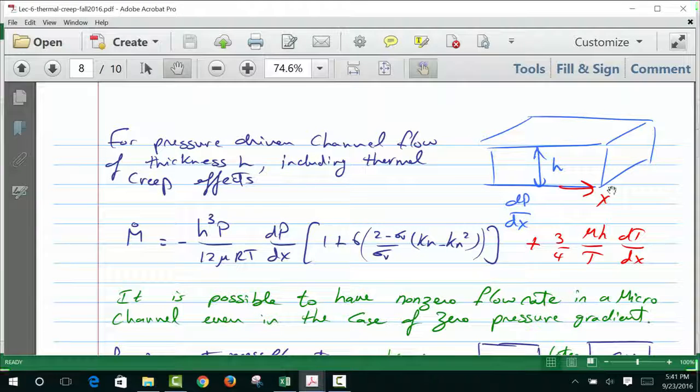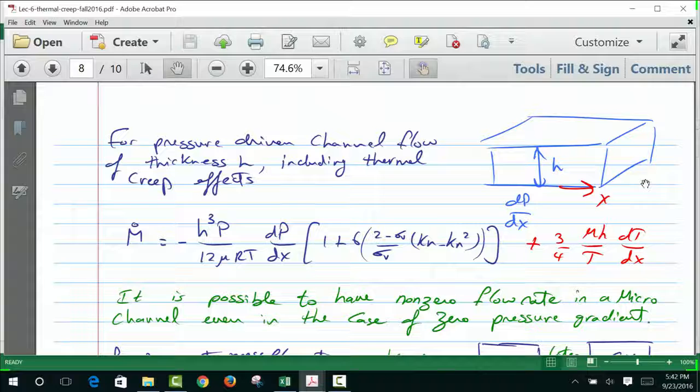That as we are moving in the x direction, if dp by dx is minus 5, minus 5 Pascal per meter for example, the pressure drops in the x direction. The more x you go, the lower the pressure. Yes, it makes sense. If the flow is going to go in the x direction, dp by dx better be negative, right? You need the pressure to be higher at the start and lower at the end. That is negative dp by dx.